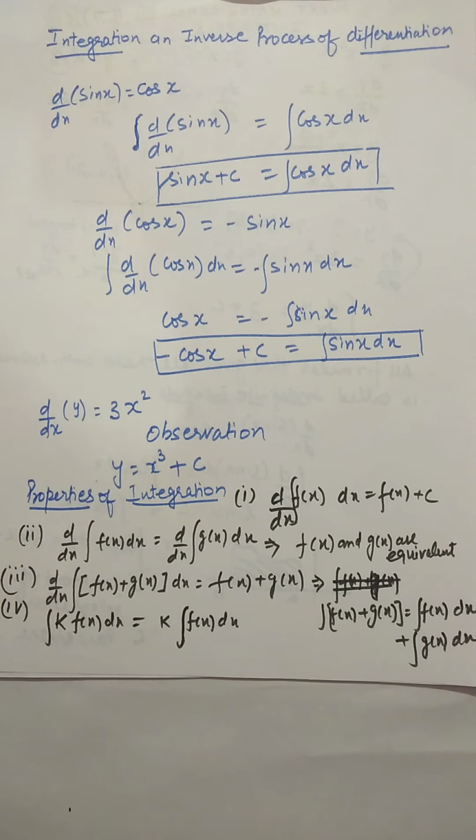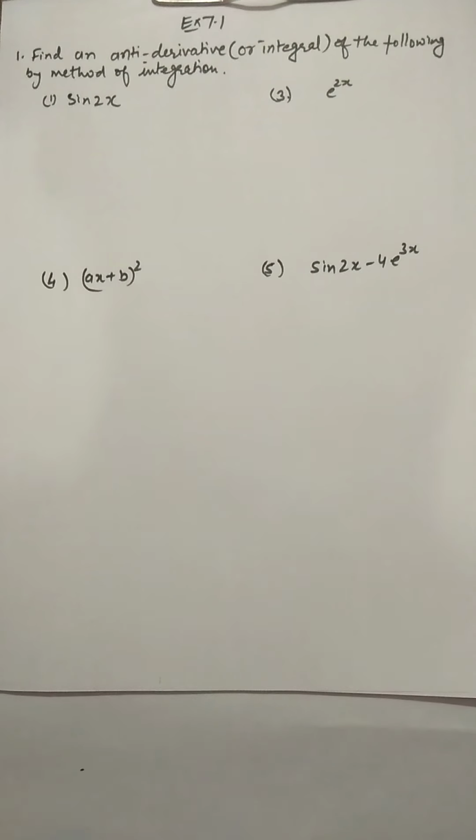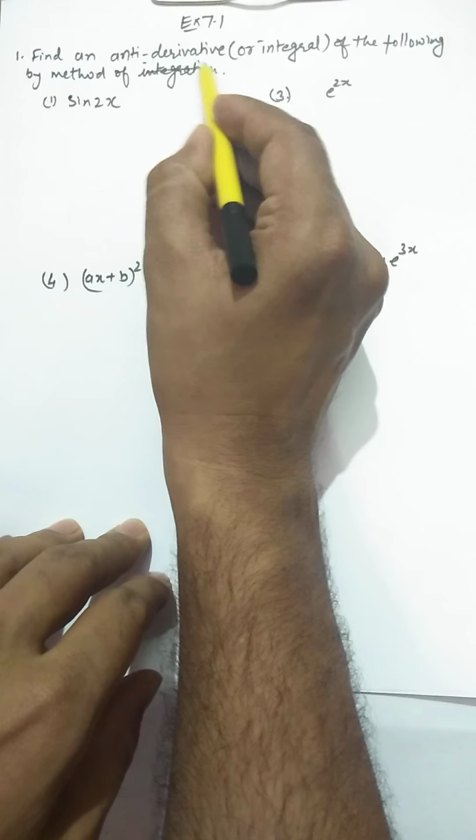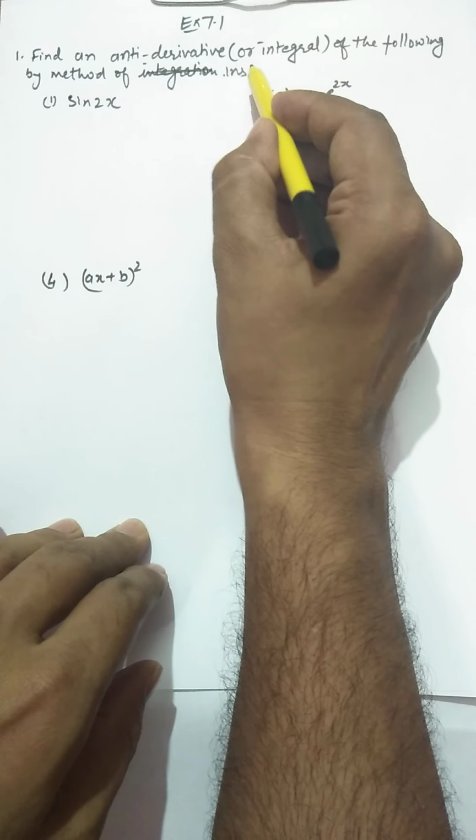So let's start the problems of the first exercise. Question number 1: find an antiderivative or integral of the following by the method of observation, or method of inspection.